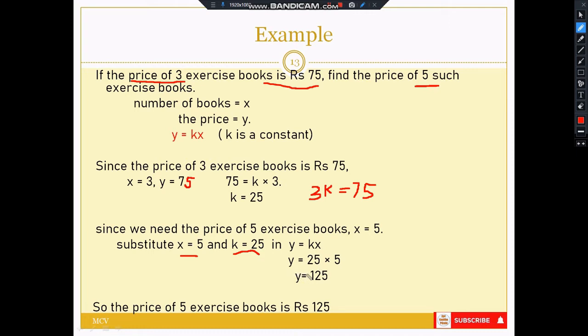Then y equal 25 into 5. Answer is 125. What is y here? Y means the price of 5 exercise books. So the price of 5 exercise books is 125 rupees.